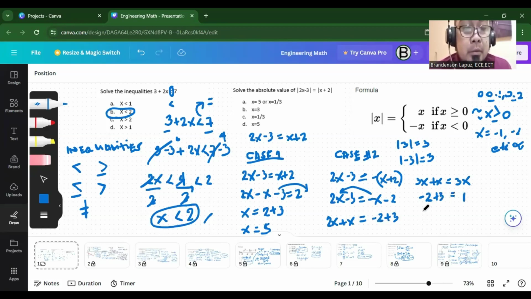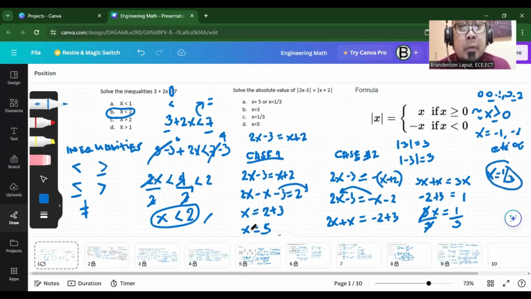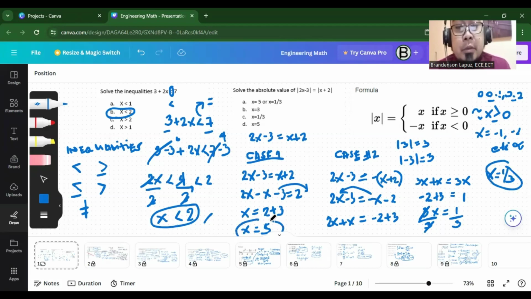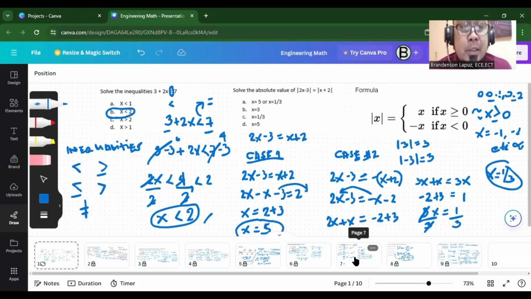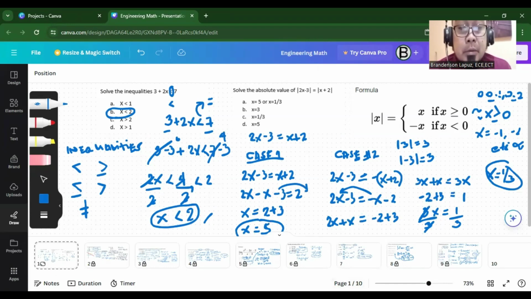Combining, 3x is equal to 1, divided by 3 because you want to remove the 3 to get x, so x is 1 over 3. So this is our case number 2. In our choices, we have two answers: x is equal to 5, and the other one is x is equal to 1/3.